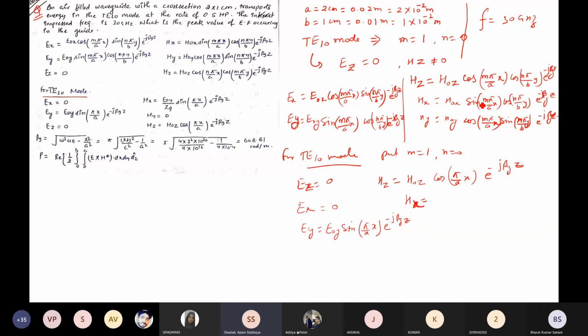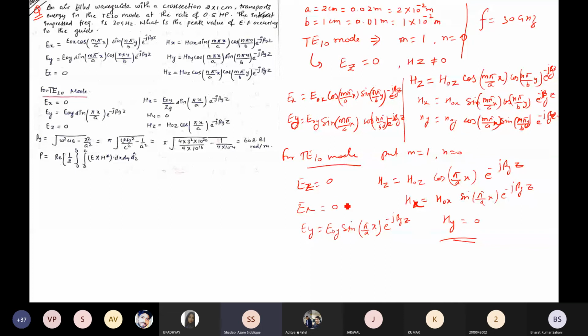First of all, I'll write Hx. So Hx is equal to sine m, cos will be 0, so cos will be 1. So that can be written as H naught x sine pi by a into x, e to the power minus j beta g into z. And what is that Hy? Hy is equal to 0.